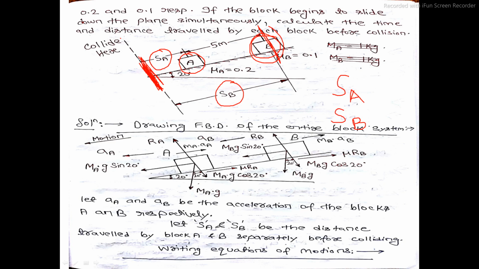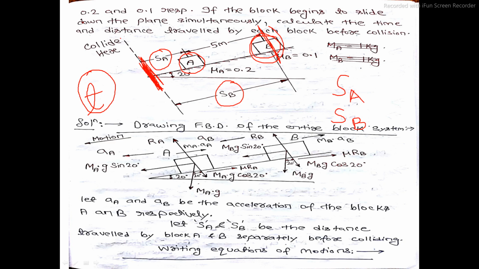Is it clear to all of you? I hope it is clear. Suppose the time taken by both blocks to reach the colliding point is denoted by T.